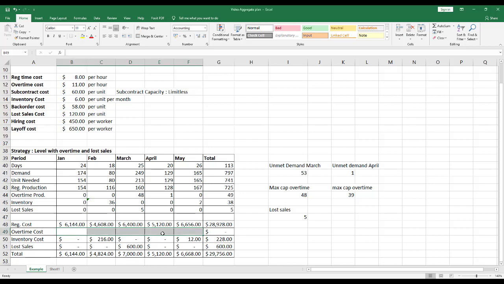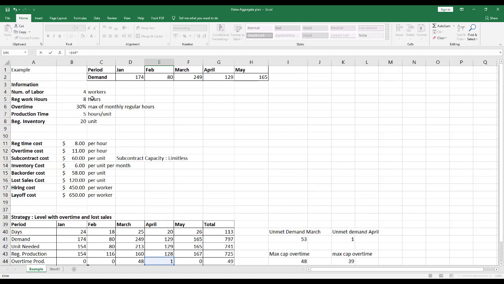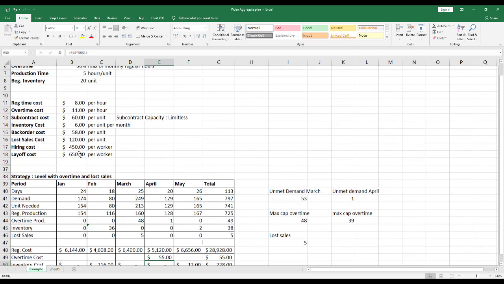So, like in April, the overtime cost is using the formula how many units is produced in overtime times the hours that is needed to be produced the unit, and then times the overtime cost.